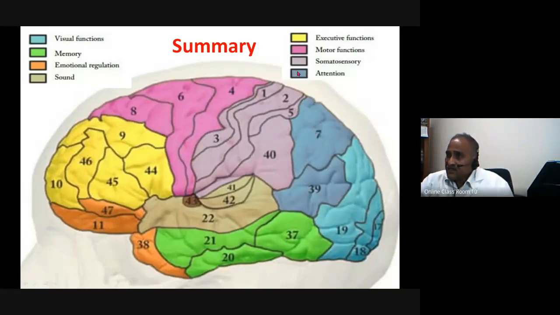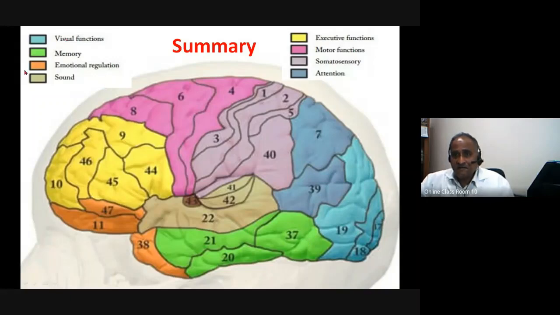Then this dull green is for attention, 7 and 39. Then this greenish occipital area is for visual functions. The fluorescent green, 20, 21, and 37, is concerned with the hippocampus. This is memory.